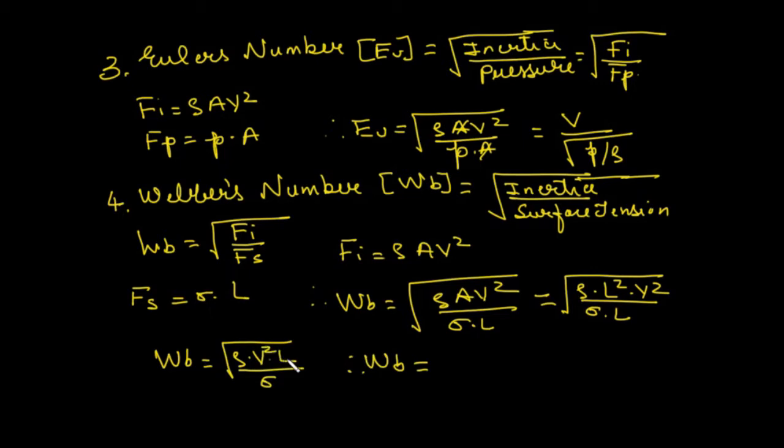So we can write WB is equal to V upon under root of sigma by rho L. So this is an expression for Weber's number.